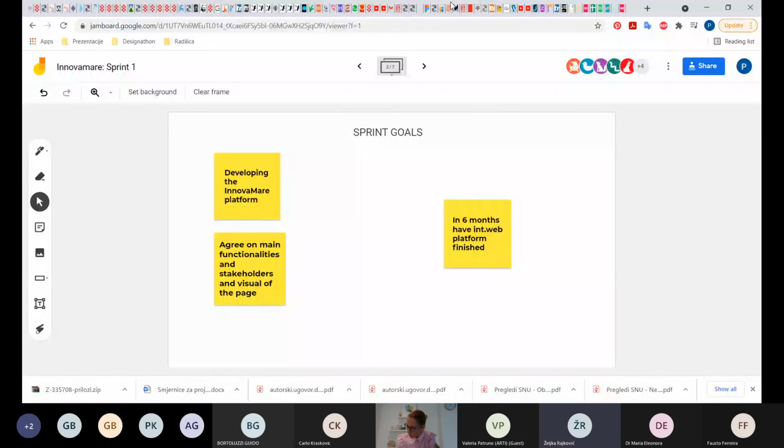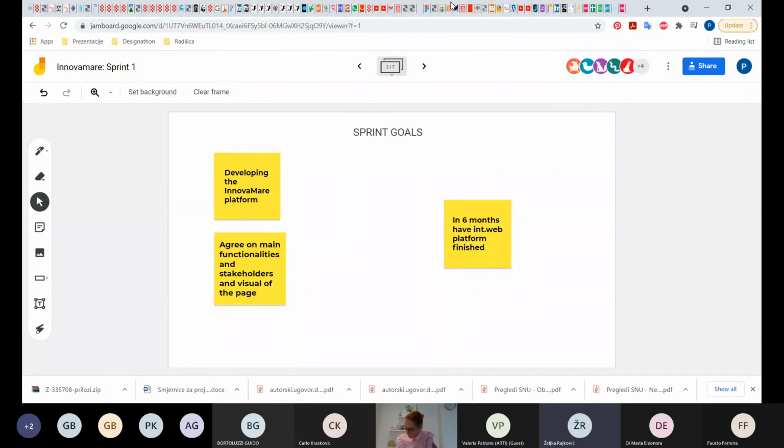Yes, as Valeria said, the web interactive platform is actually one of the activities of the project, and it's part of the project implementation. The platform is going to be a place where the different stakeholders will be able to present their work and their knowledge, to find different challenges that they could solve with their expertise, to show their solutions to the market, and to find funding opportunities for their ideas.